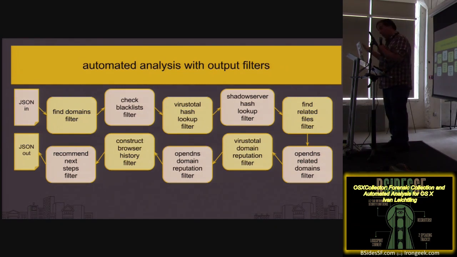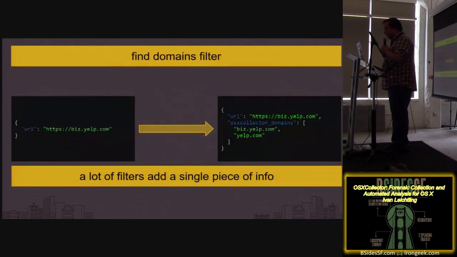Cool. So we'll walk through roughly the flow that we do in this simple analysis, where we chain together all this stuff for amazing automated results. So the find domains filter is the first one. I already kind of blew it because I told you, basically, if it sees a domain, it adds it to this output key, OSXCollector domains.